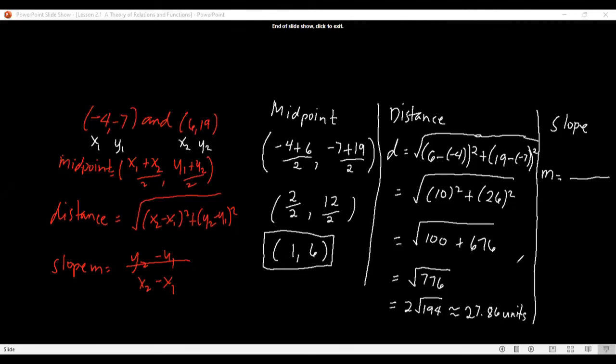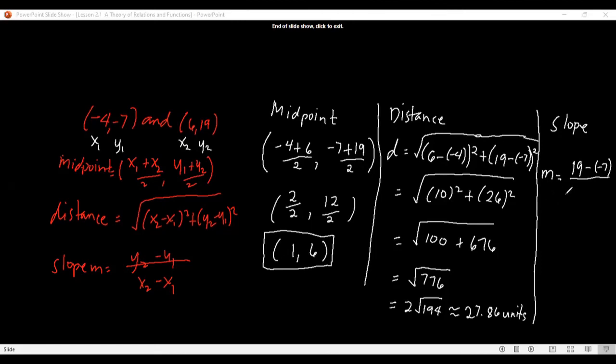Okay, so for the third, we are looking for the slope of the given 2 points. So, ang formula natin ay m is equal to the ratio of y sub 2, which is 19, minus y sub 1, and that is negative 7.